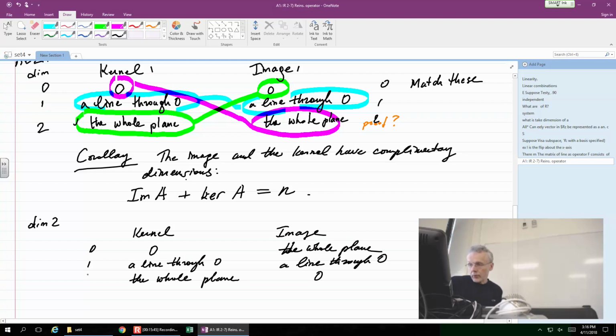Let me call them 0, 1, and 2 according to the dimension of the kernel. I could probably even try to describe them in one word. So the first one is the kernel is 0. Have you heard the word bijection? Anyone? One-to-one onto.